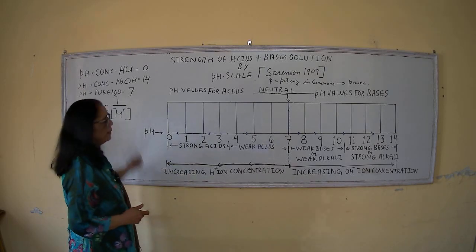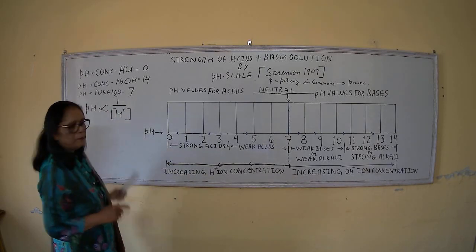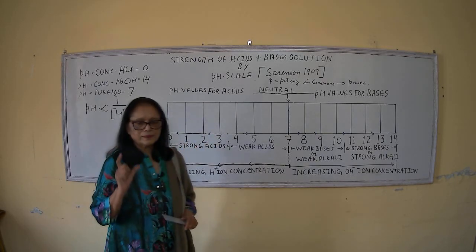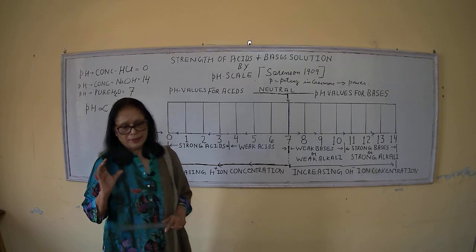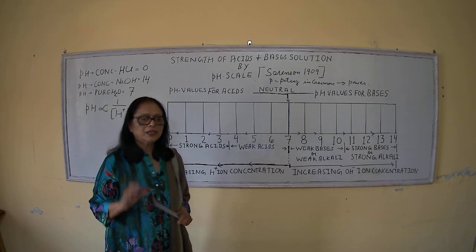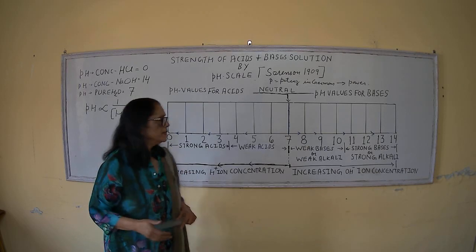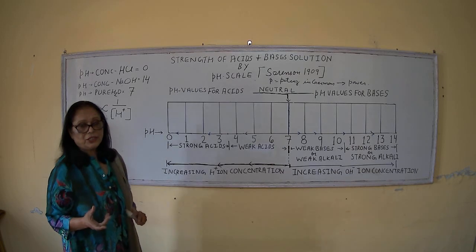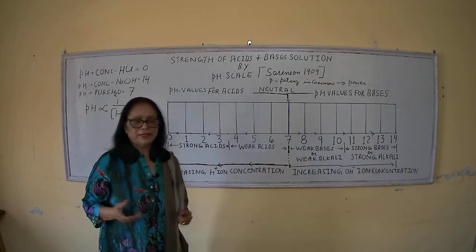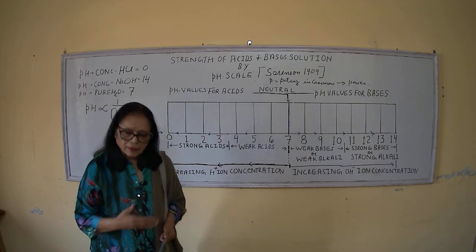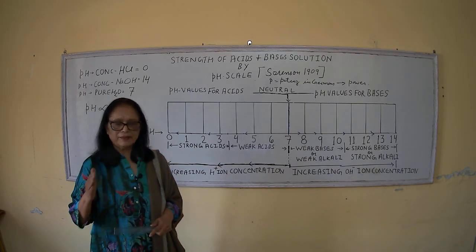Sulfuric acid and hydrofluoric acid have pH value 0. On the other hand, at 7, the solution becomes neutral, that is distilled water, 100% pure water has pH value 7. If the pH value is more than 7, like 8, 9, 10, the concentration of hydrogen ion will decrease.